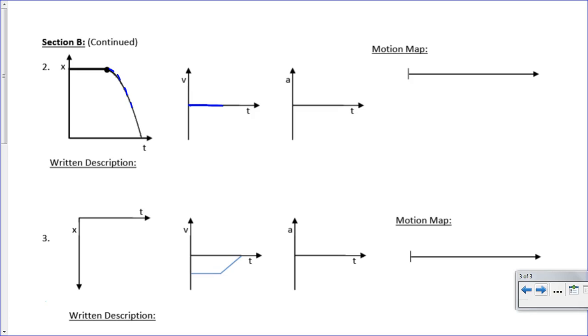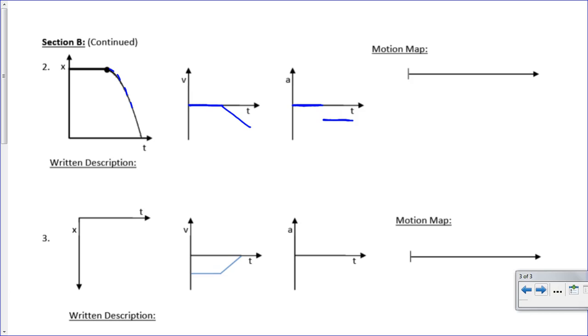It looks like that. For our acceleration, we're looking at the slopes of the velocity versus time graph. Slope of the velocity versus time graph at the beginning there is 0 because it's a horizontal line. Slope of the velocity versus time graph during the second part of the motion is negative.